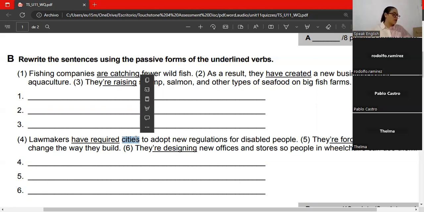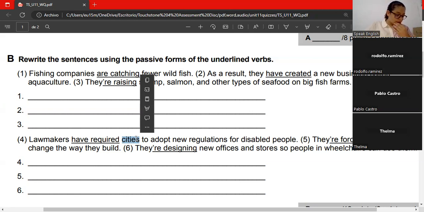Nouns son los nombres de las cosas: libreta, botella, El Salvador, maestro, estudiantes, cuarto, casa. Esos pueden ser tanto objects como subjects. Entonces nuestra oración no comenzaría con to adopt, ¿verdad, Pablo? ¿Con qué comenzaría? Cities, exactly.